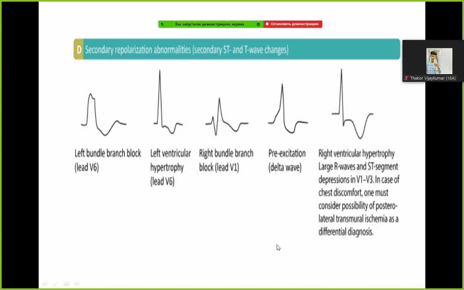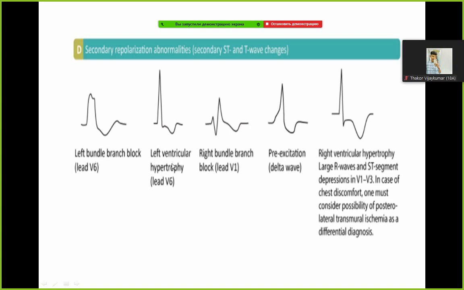Secondary repolarization abnormalities, or secondary ST and T wave changes, are presented on this slide. For example, the first is ST segment depression in case of left bundle branch block.